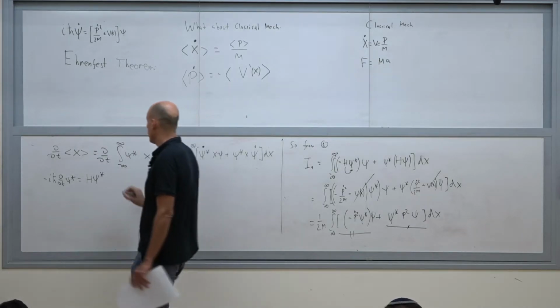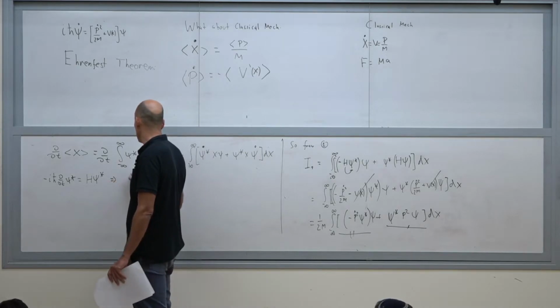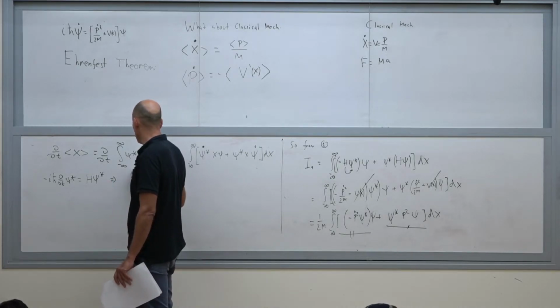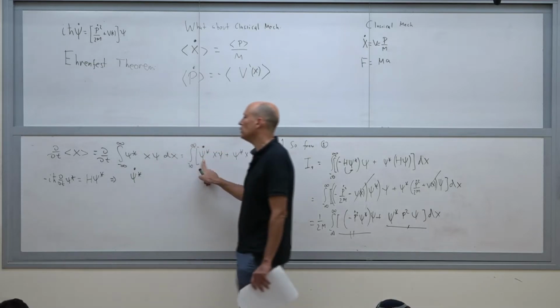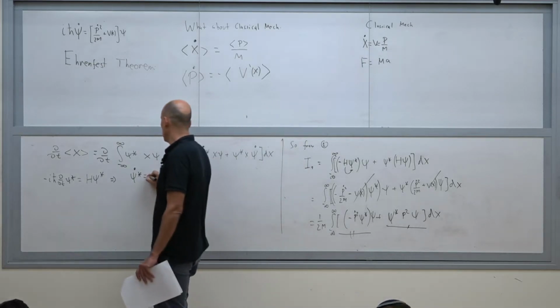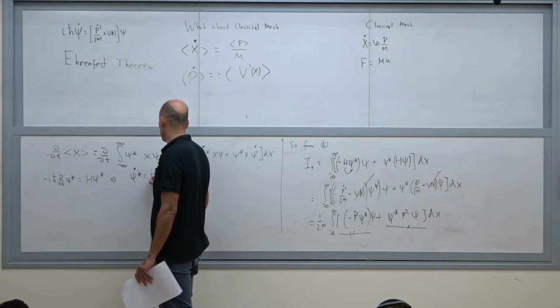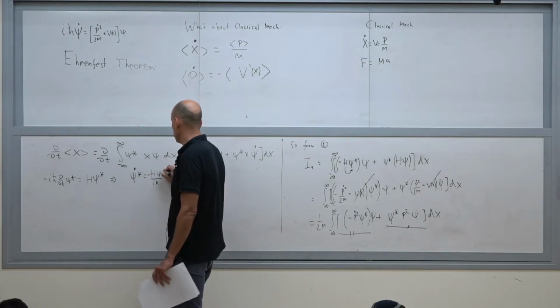So from here I see that psi star dot, which is what I have here, is equal to H psi over i h bar with a minus sign.